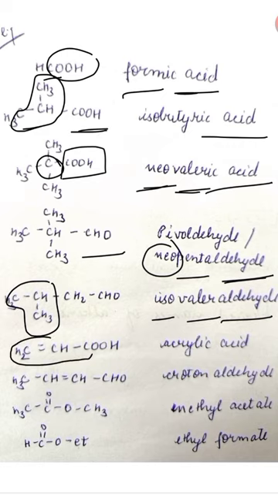This group is acrylic group. I have written it in the previous 5 seconds. This group is acryl group and ic acid is used for the functional group COOH. This is croton group and the functional group is aldehyde, so croton aldehyde.